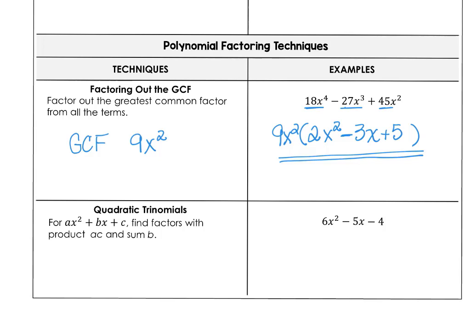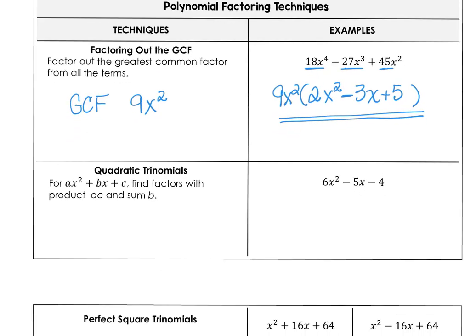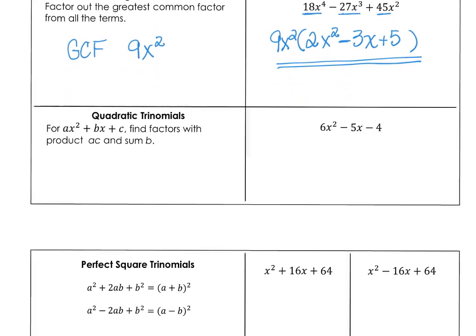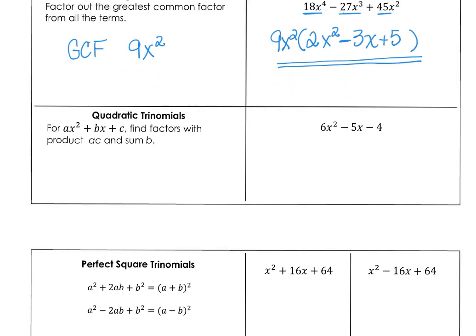And quadratic trinomials, you're probably very practiced with that from Algebra 1. So here in this example, I'm going to try a little bit more complicated version. And I like to use the box method. So I could either say 6x times 1x, or I could try 3x times 2x.